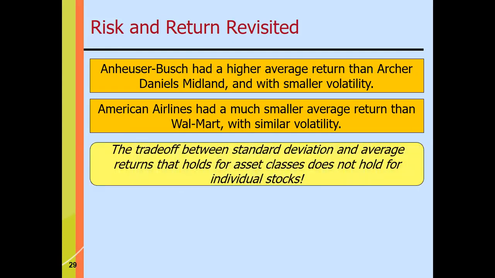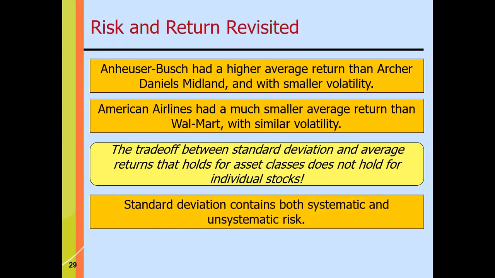The trade-off between standard deviation and average returns that holds for asset classes, well, this is now our realization, does not hold for individual stocks. The reason again is that SD contains both systematic and unsystematic risk. Initially our summary is generally speaking for our asset classes, so bills, bonds, and stocks.